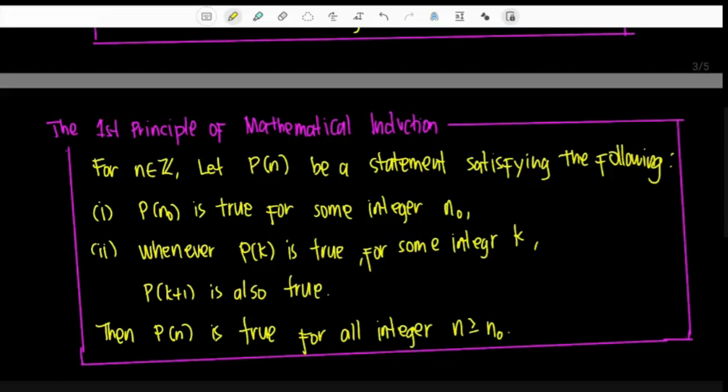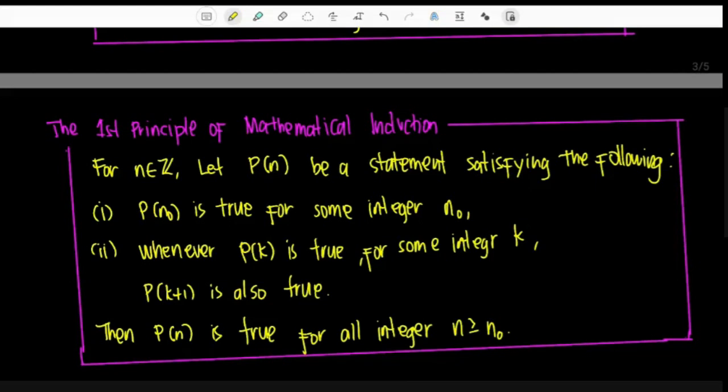P of n sub 0 is true for some integer n sub 0. And whenever P of k is true for some integer k, P of k plus 1 is also true. Then we conclude that P of n is true, or a valid statement, for all integers n greater than or equal to n sub 0.